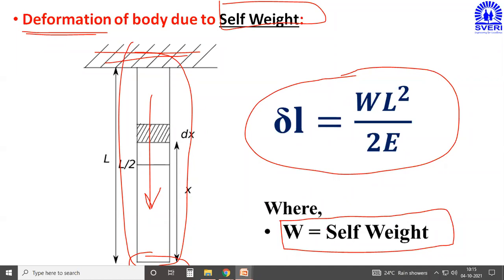Then we do not have their applied load value, so at that time we have to calculate their self weight, and by using that self weight I can calculate the deformation, that is deformation due to self weight, that is delta L is equal to WL square upon 2E, and delta L is equal to PL upon AE. That formula will be applicable for deformation due to external load or the axial load. So these are the two conditions for the deformation calculation.